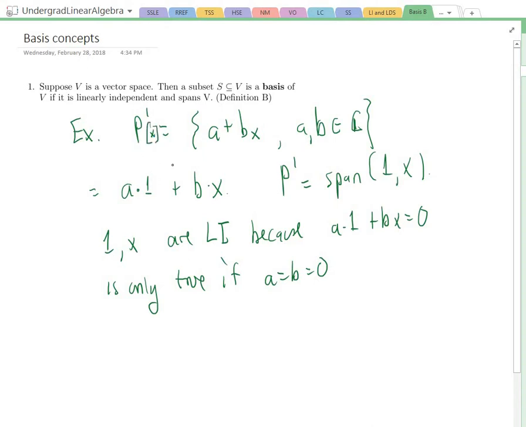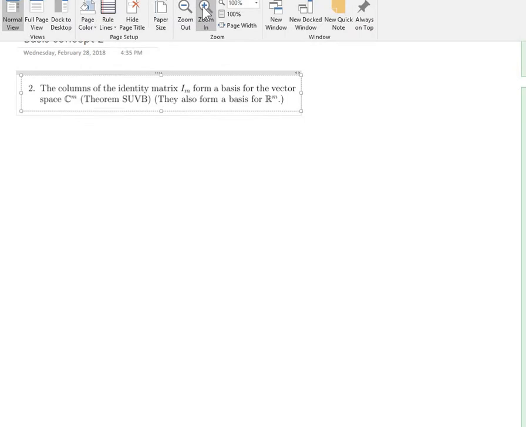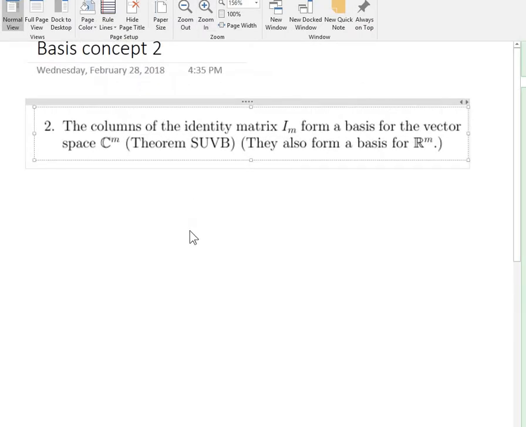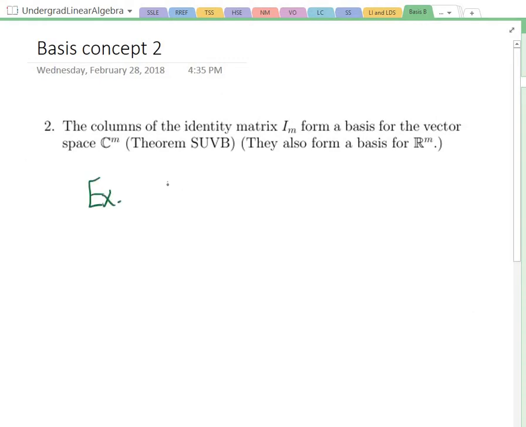There are many, many other examples of bases. In fact, in the next slide, we have another example. The columns of the identity matrix Im form a basis for the vector space Cm. Let's blow this up a little bit so you can see it. Why is that true? Let's look at the example again, let's look at I3, which is 1, 0, 0; 0, 1, 0; 0, 0, 1.